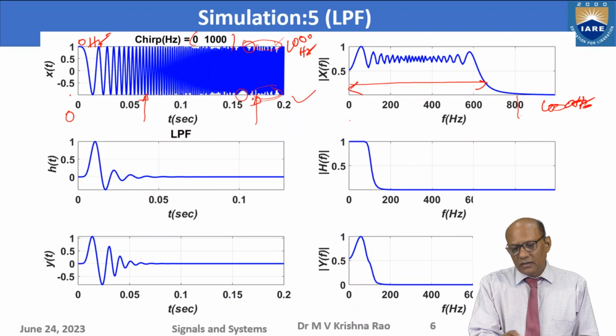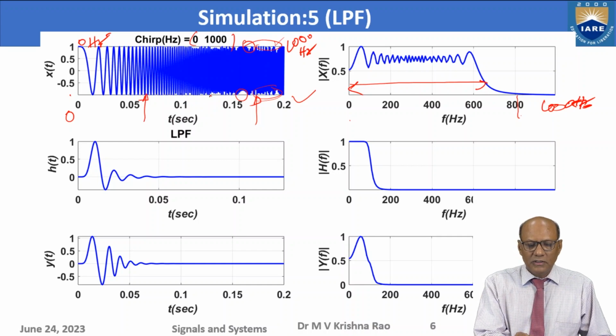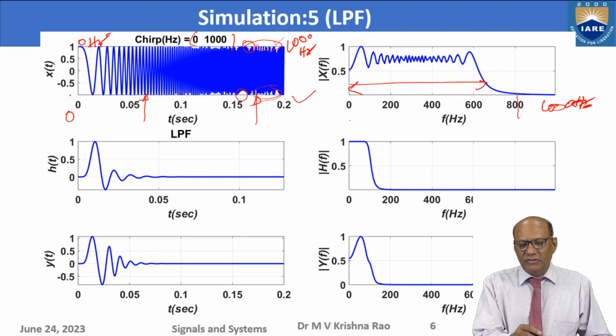Now, coming to the magnitude spectrum of the signal, it is very broad, because I am taking the total waveform. It is not a single step frequency; it is continuously changing.